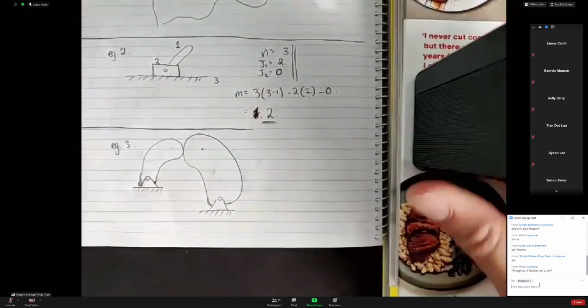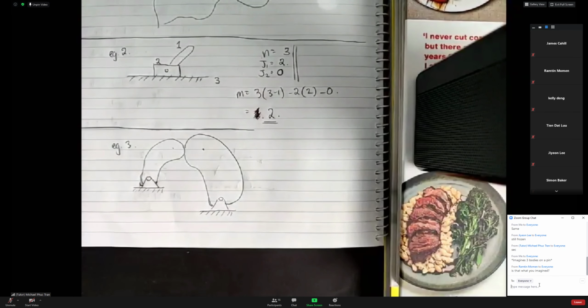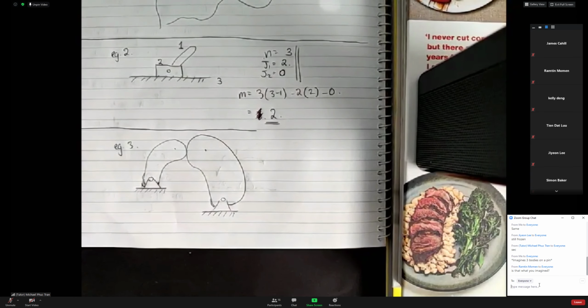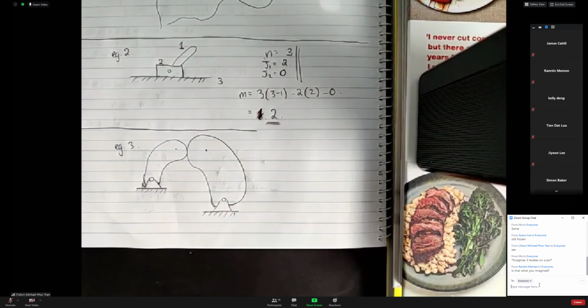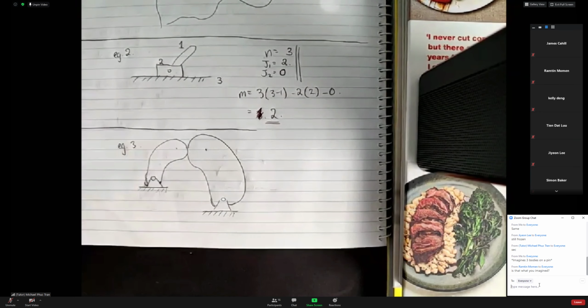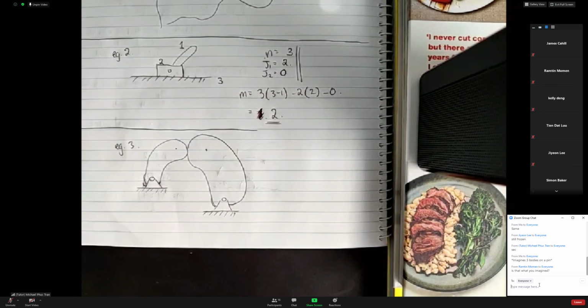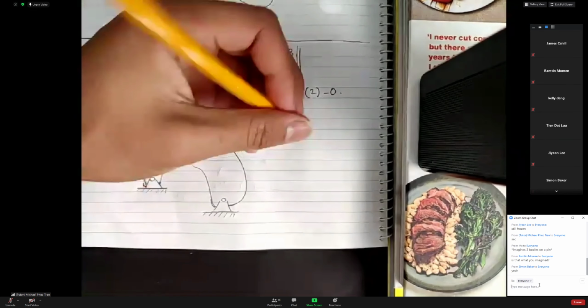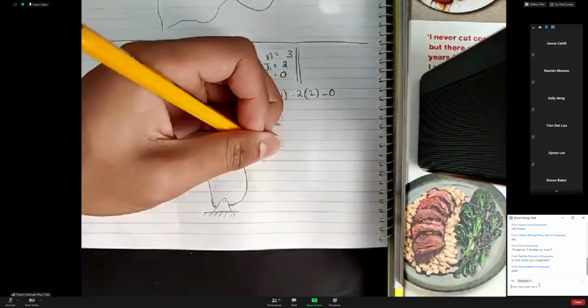Imagine 3 bodies on a pin. Alright, now you guys can see that, right? Okay, let's give it a go.